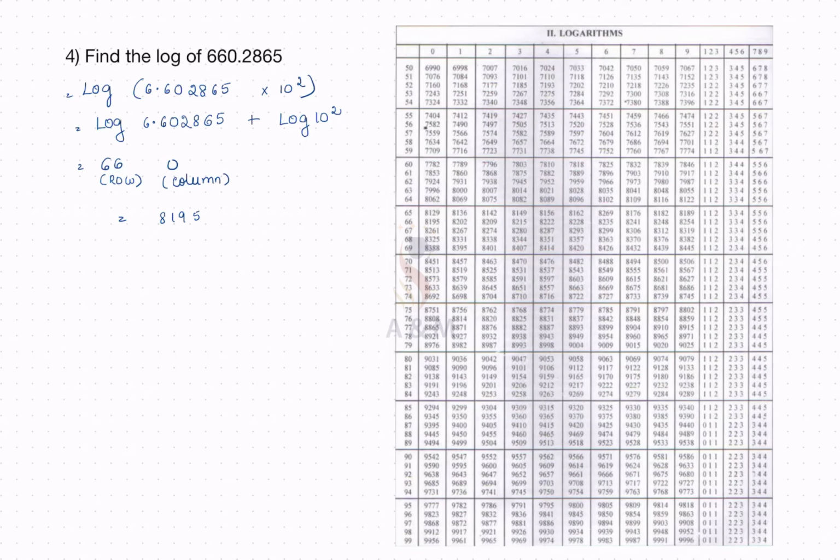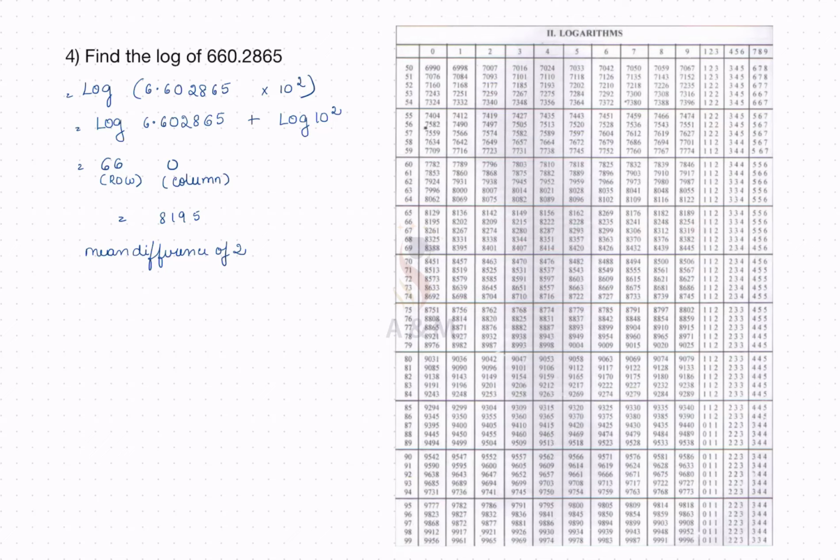Next digit is 2, so you have to find the mean difference of 2. Here the row will be 66 and the column will be mean difference 2. The mean difference of 2 in the 66 row is 1.